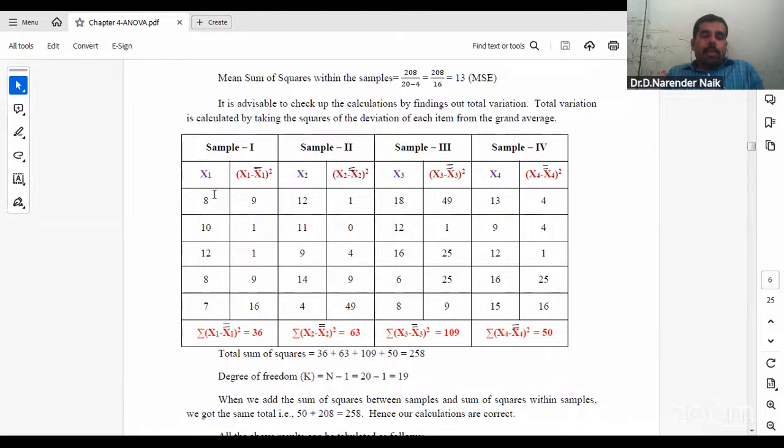Just see the difference. Squared, 9. So you got 36. The same procedure applies for sample 2, sample 3, sample 4.